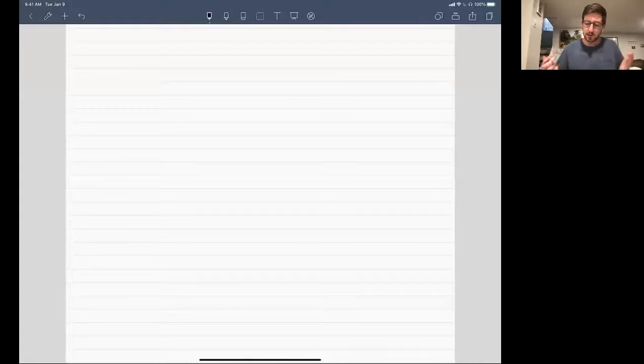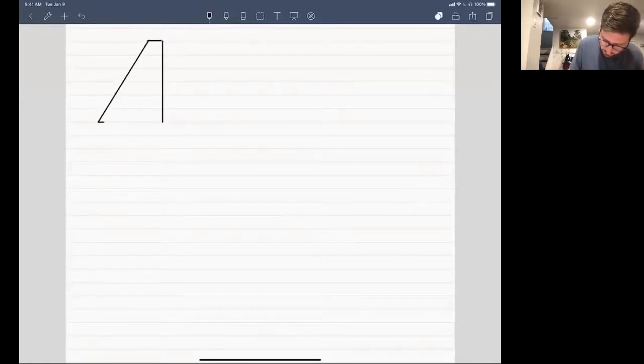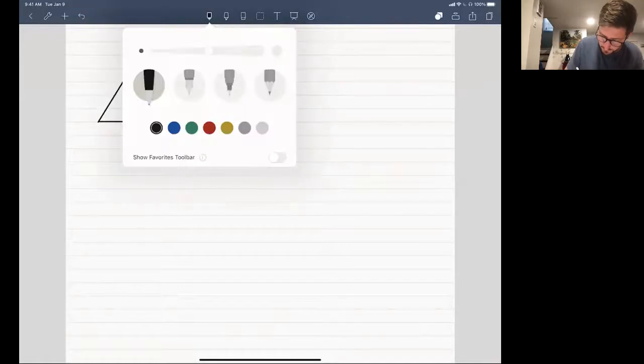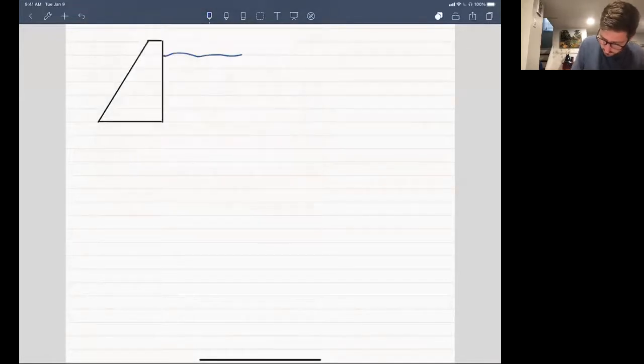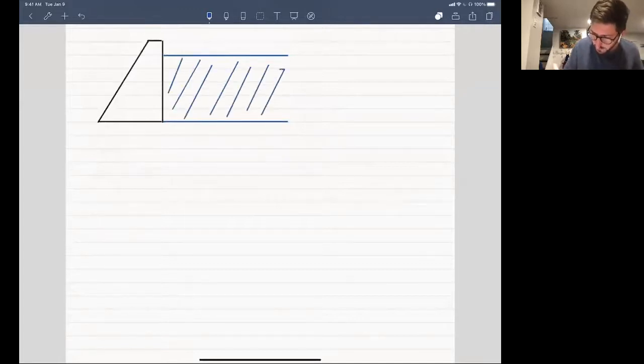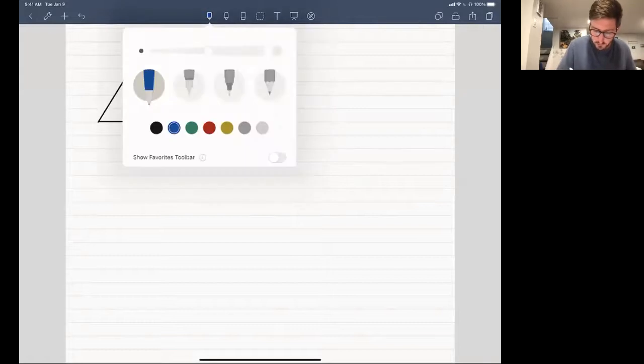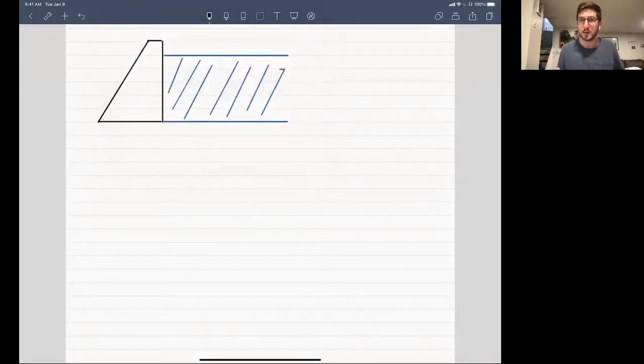The first thing that I want to start with is emphasizing to you that when we build a dam to hold water, so if this is going to be my dam right here, and it's holding back some water, then the pressure that's being exerted on this thing varies with the depth of the water.